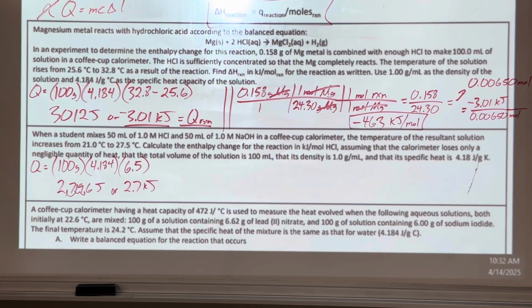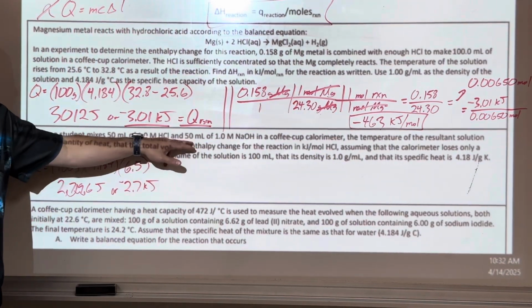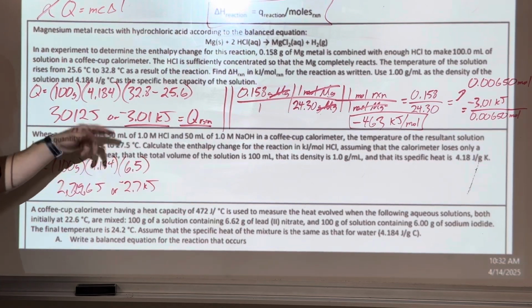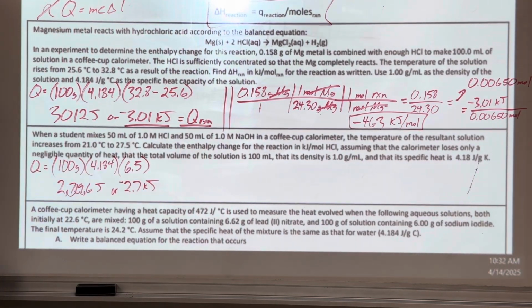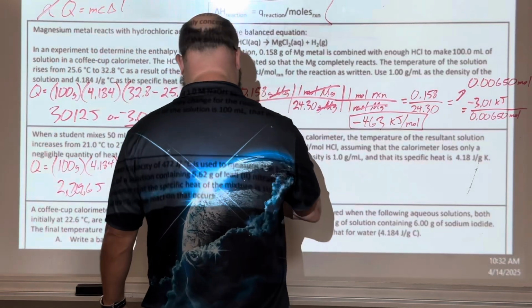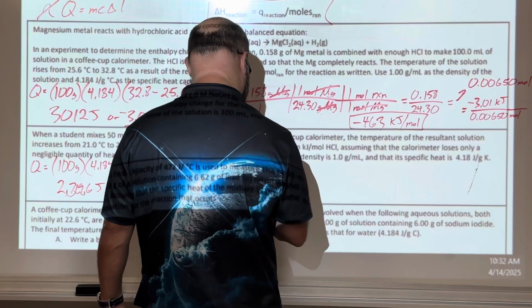All right, and again, we increased our temperature. That's an exothermic reaction. That's going to be negative. Now, flip to the other side. We're only looking at HCl. So we take HCl's mass, which was 50, 1 gram per milliliter again. So that's 50 grams is our starting mass for HCl. And we're going to use milliliters though, so we'll put our little divider here. 50 milliliters.